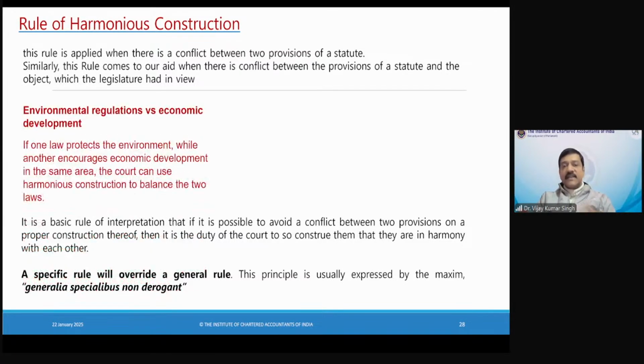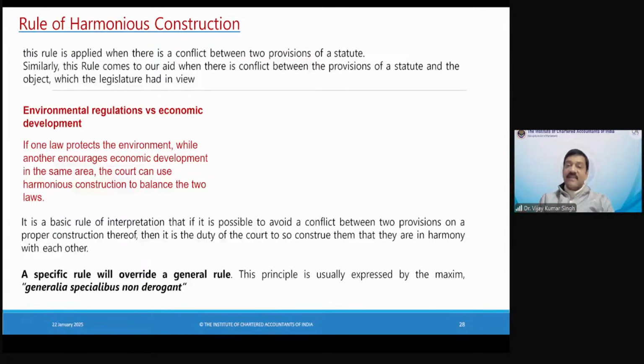Let us take an example: environment regulations versus economic development. You will most of the time find conflicting opinions around it, right? If on one hand the law protects the environment, while on the other hand it encourages economic development in the same area, the court can use harmonious construction to balance these two laws.